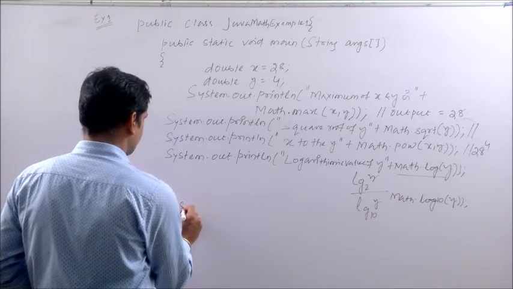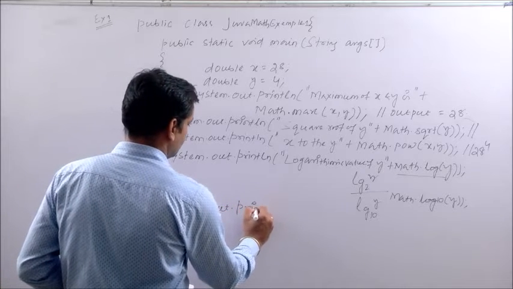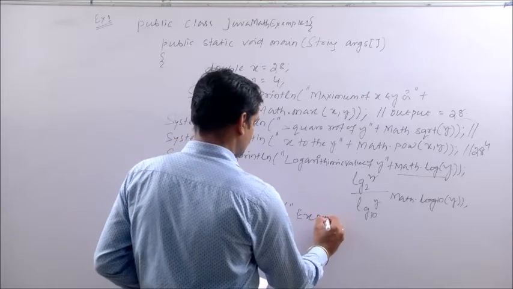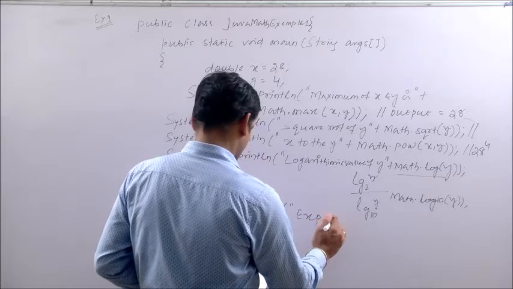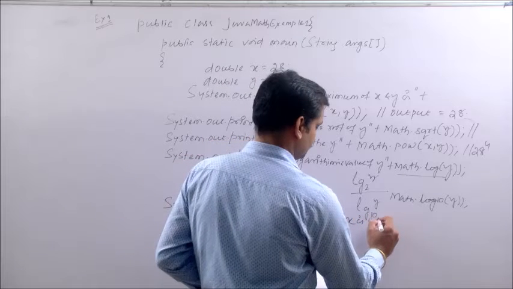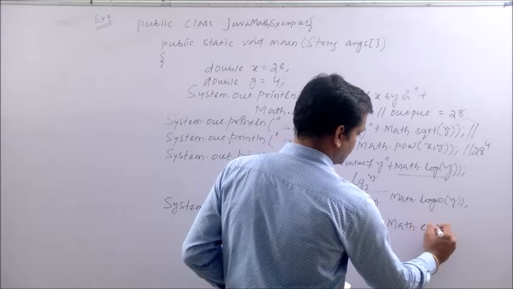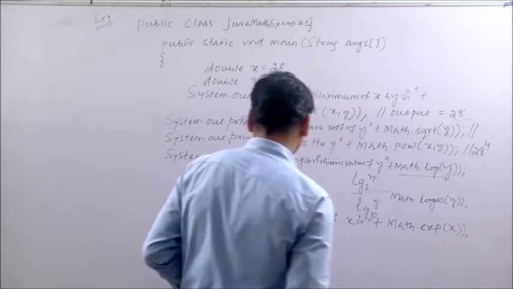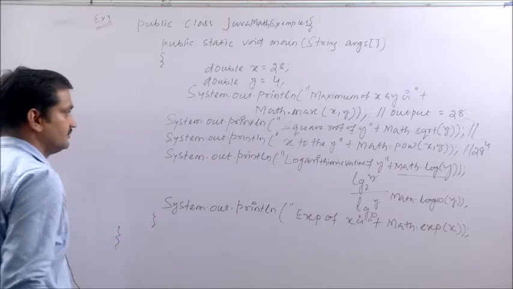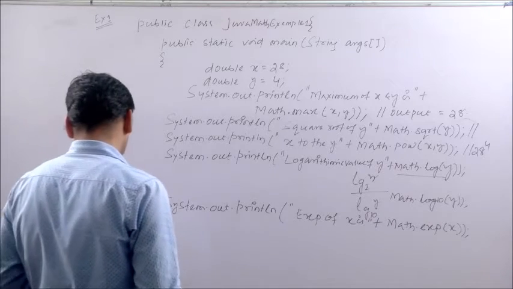If suppose exponential value of x, then you can write it like this: System.out.println("exp of x is", we can use this method Math.exp(x). So this way we can use some of the methods. Okay. One example we can see. Let's move to another example.